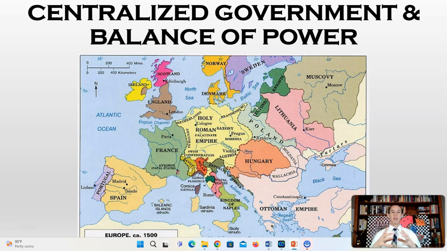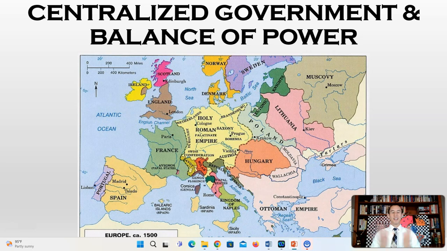And during this period, there is a political revolution where they will start creating centralized governments. And those centralized governments will develop large standing armies and also modern ways to finance the country through taxation. I know taxation is terrible, it's awful, but if you are going to have a stable nation, you have to have taxation.